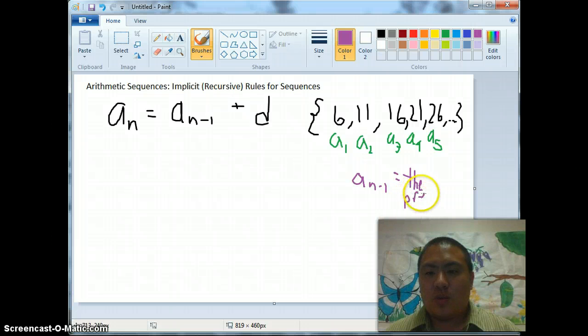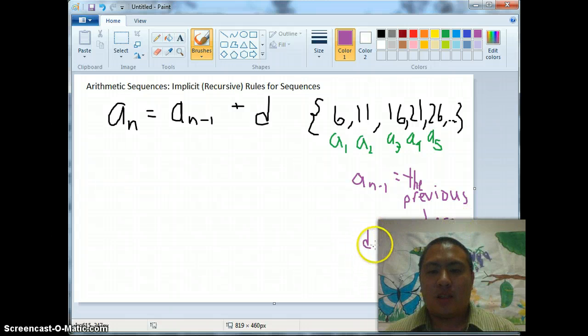The difference between implicit and explicit is that in explicit, you always have to have the n. You have to know what you want and just plug it in. The implicit is you need to know what the previous thing is, the previous term, okay?